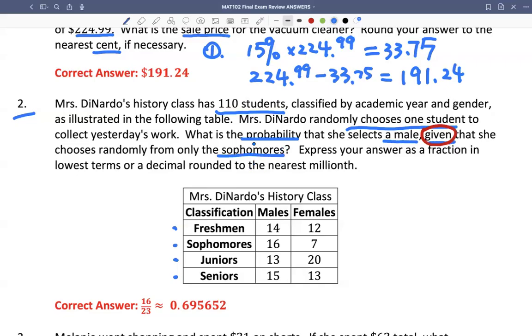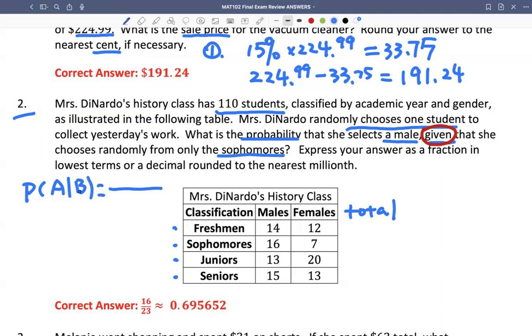So pay attention to the important words. Let's put a total here. Because we're looking for sophomores, remember conditional probability: event A given event B already happened.